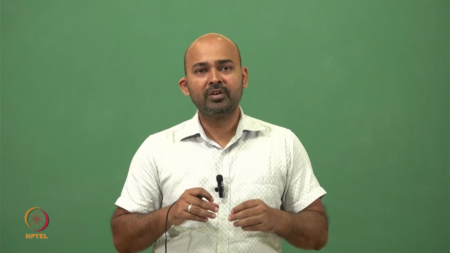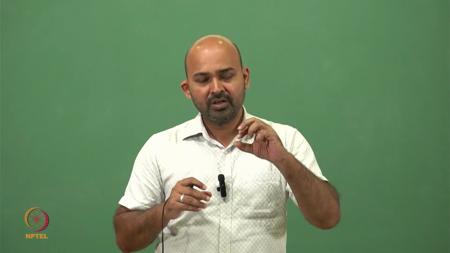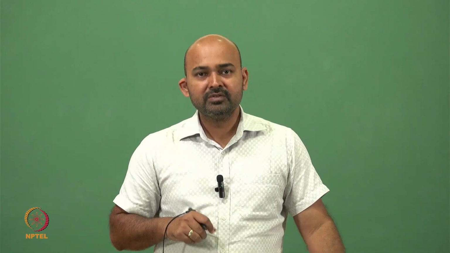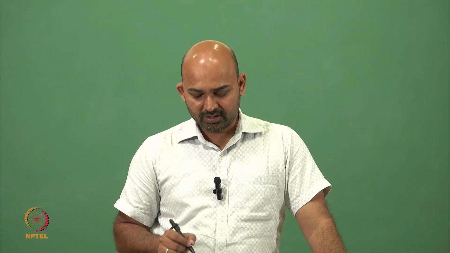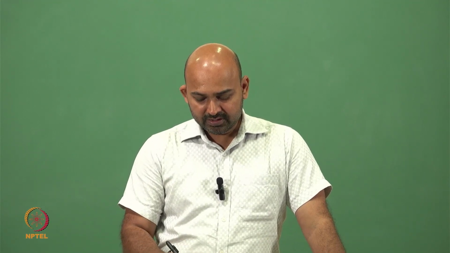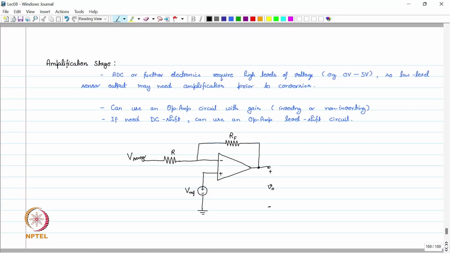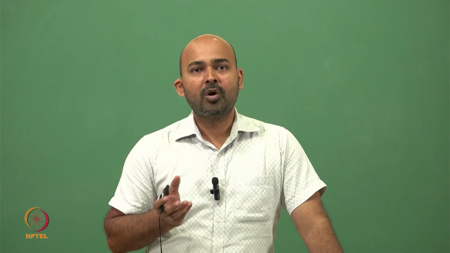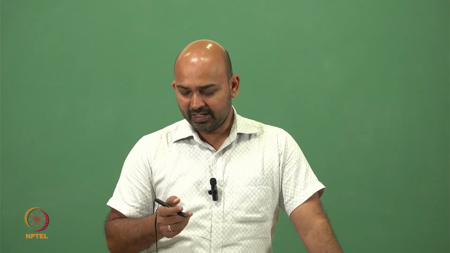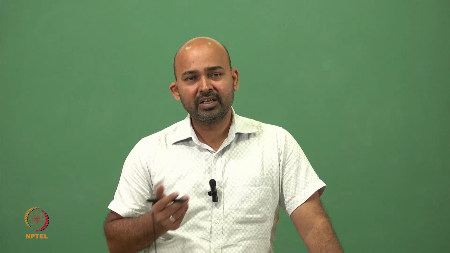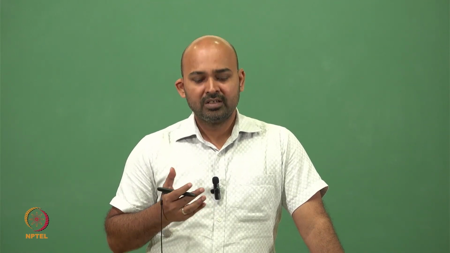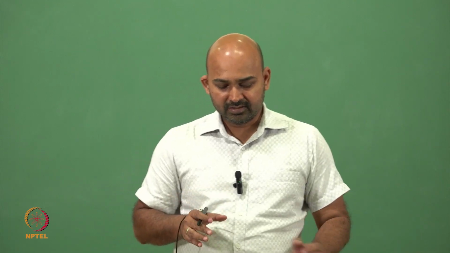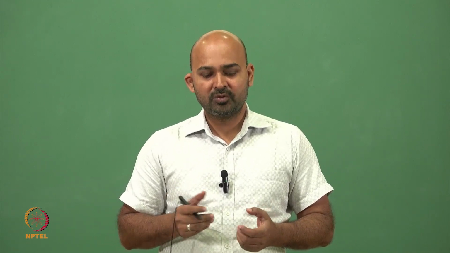If it is 0.1 volt, we can provide an offset of 0.1 volt using this Vref in the output signal, and output is collected at the output node which is V0 here with respect to ground. So this is a simple op amp based amplifier. We can have op amp based amplifiers, or we can have BJT or MOSFET based amplifiers, so that can be used as per the requirements.